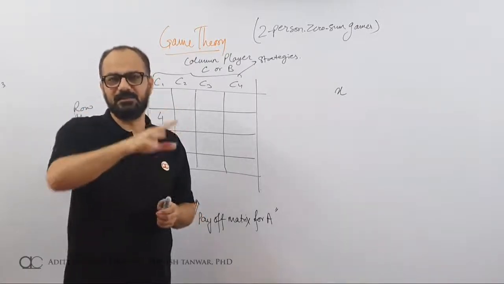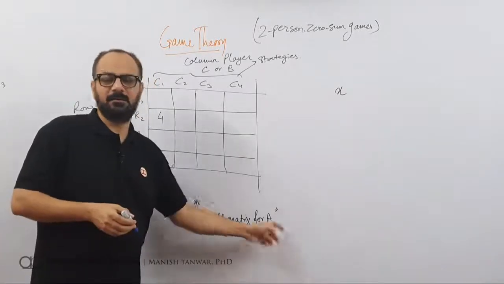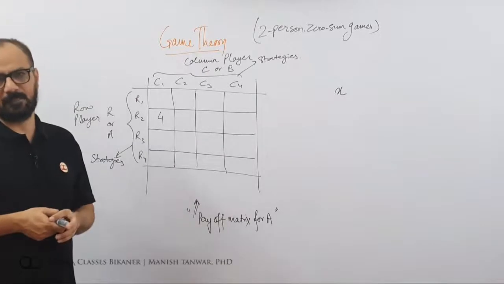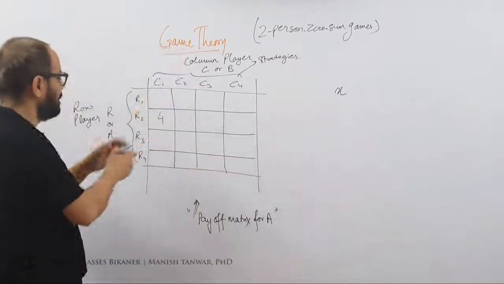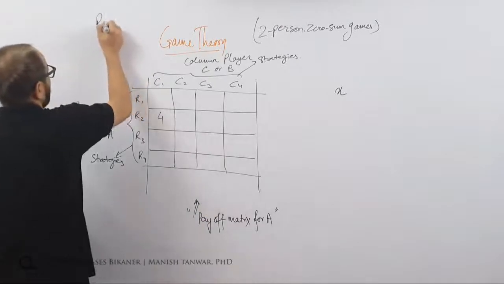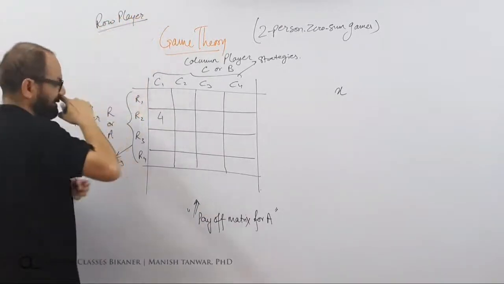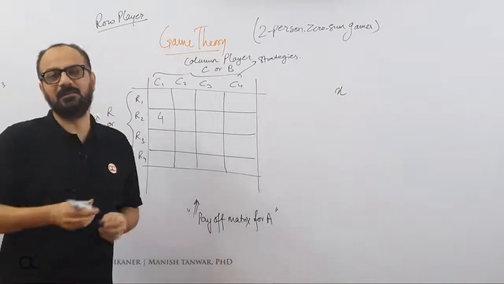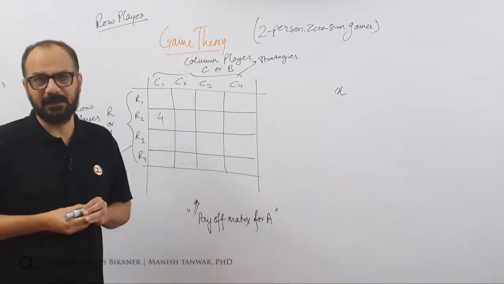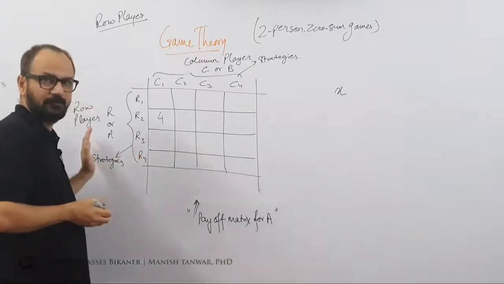I'll simply say the return is 4. A return of 4 is obviously for player A, because this game is written from the perspective of A. All these numbers are from the perspective of A. Whatever I write over here belongs to A.